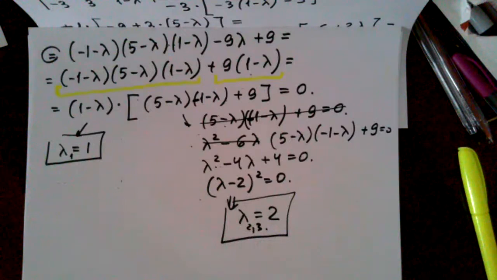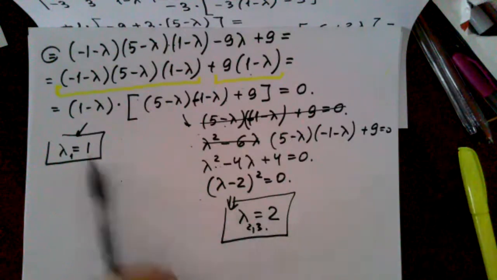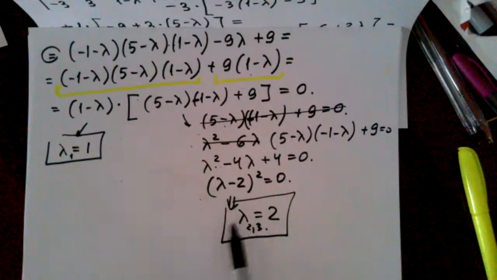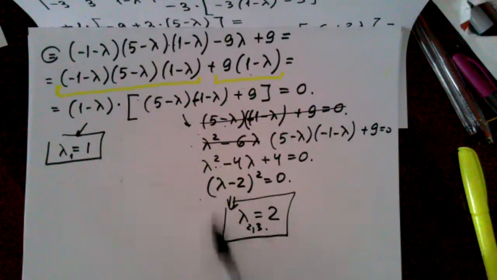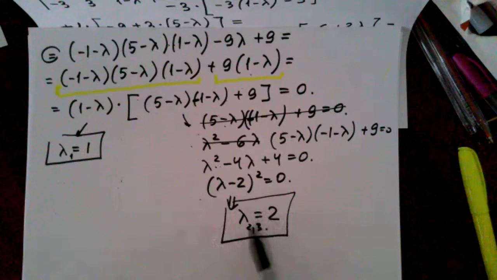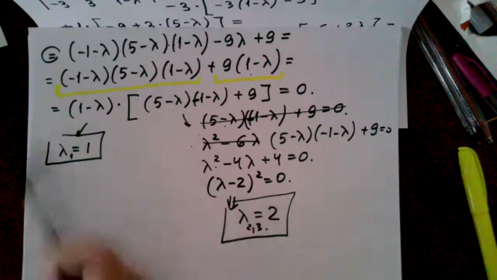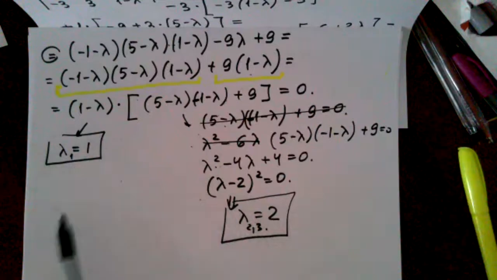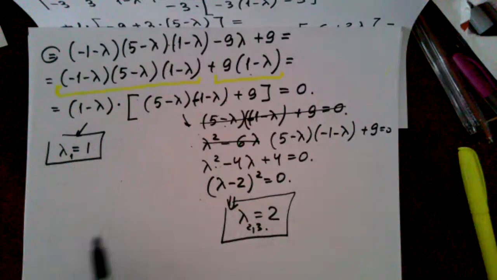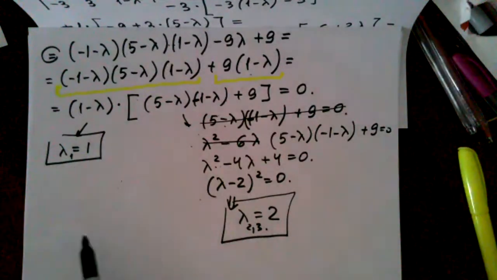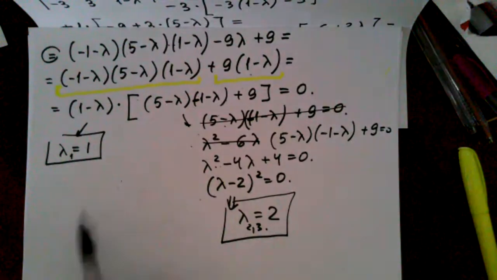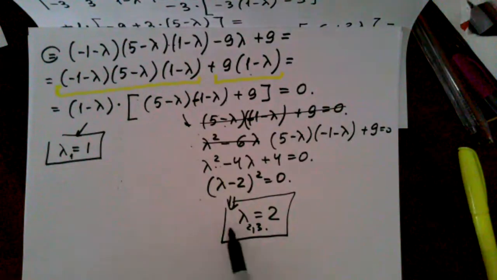You may ask me how we can determine which of these 2 roots, 1 or 2, are repeated roots, which are not. It's not actually necessary to realize this. I'm just saying it to you for illustrative purposes. But during a test, during an exam, you don't need to determine which of them is repeated, because the next step will be to find eigenvectors, and for this algorithm it doesn't matter.